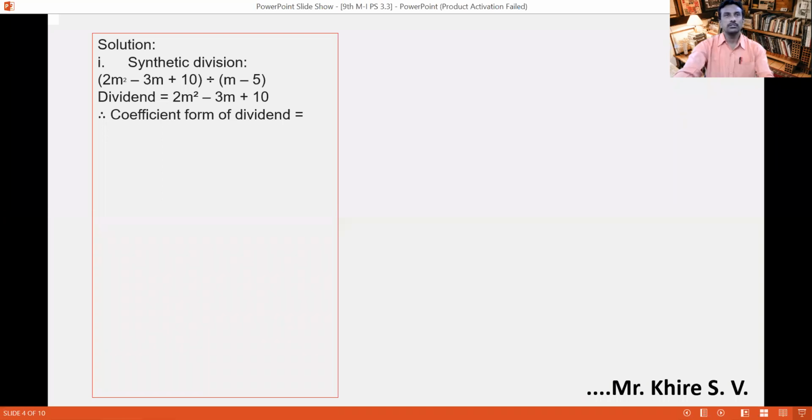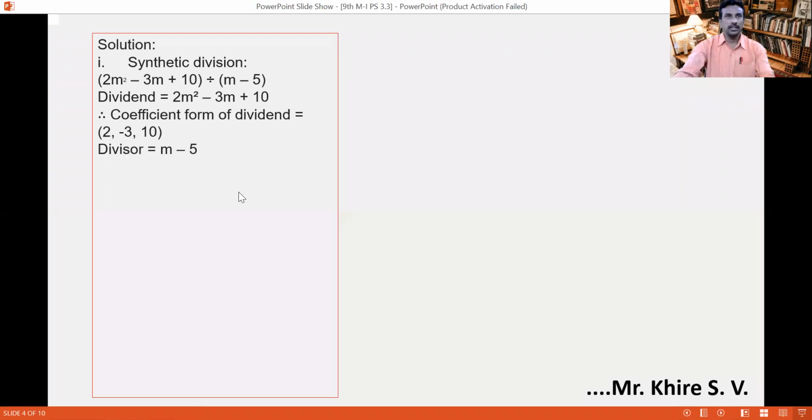First of all, we have to write the given polynomial in standard form, using descending powers of the variable. Now the coefficient form of the dividend is 2, minus 3 and 10.